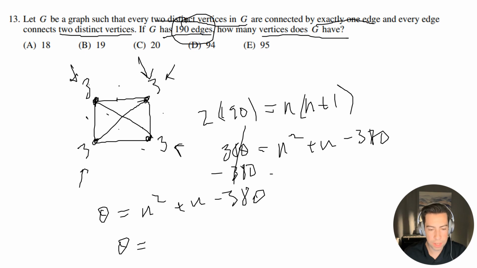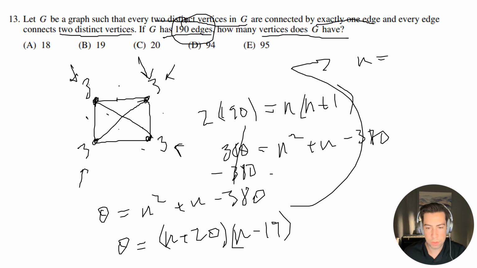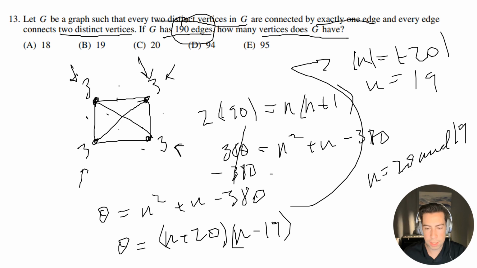When I factor this out, I get n plus 20 and n minus 19. Whenever I solve for n, I get something weird, a negative value: n equals negative 20 and n equals 19. But we're just going to take the positive value here, so n equals 19.